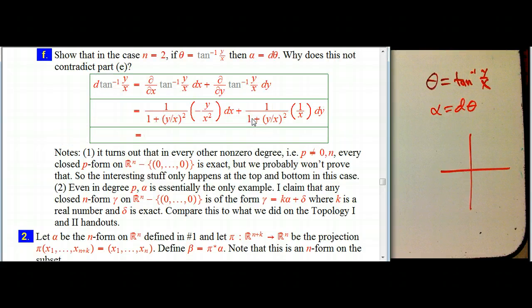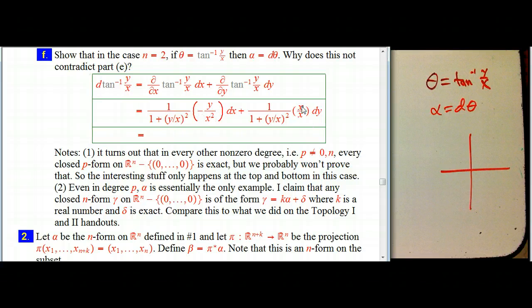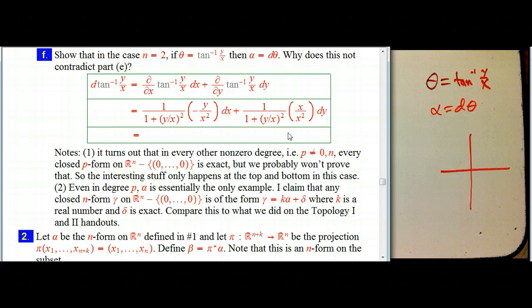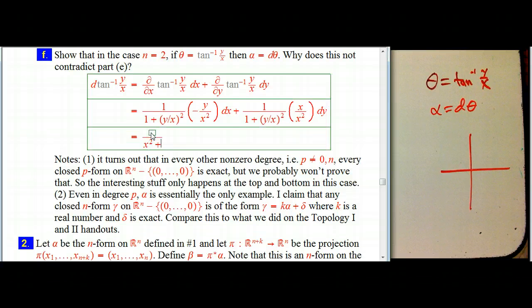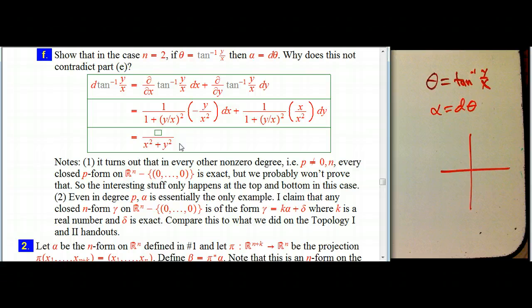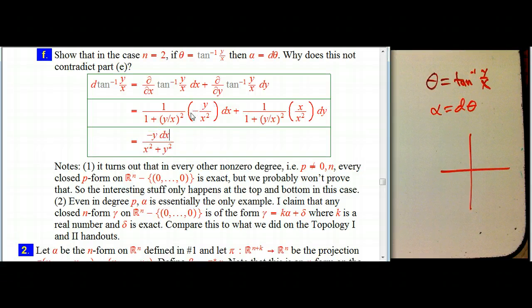Okay. So let's multiply through by x over x so that we'll have a common denominator. And the nice thing is the x squared cancels the x squared on the bottom here. And so you get 1 over x squared plus y squared as your common denominator. Oh, that's r squared. That's cool. And then what's left over is minus y dx plus x dy. Okay. And that's exactly alpha in 2 dimensions.